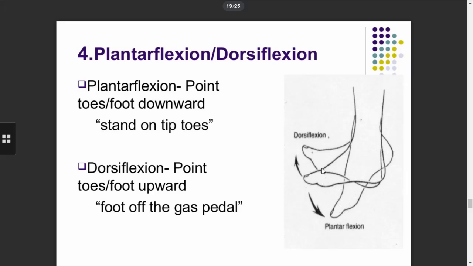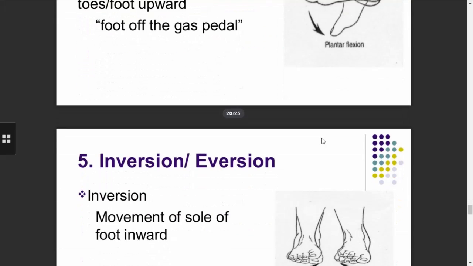If we are moving upward, then we will call it dorsiflexion. Point toes upward. You can remember these terms. Imagine you are standing on tiptoes. That is plantar flexion. Imagine your foot on the gas pedal. You will imagine that as dorsiflexion.